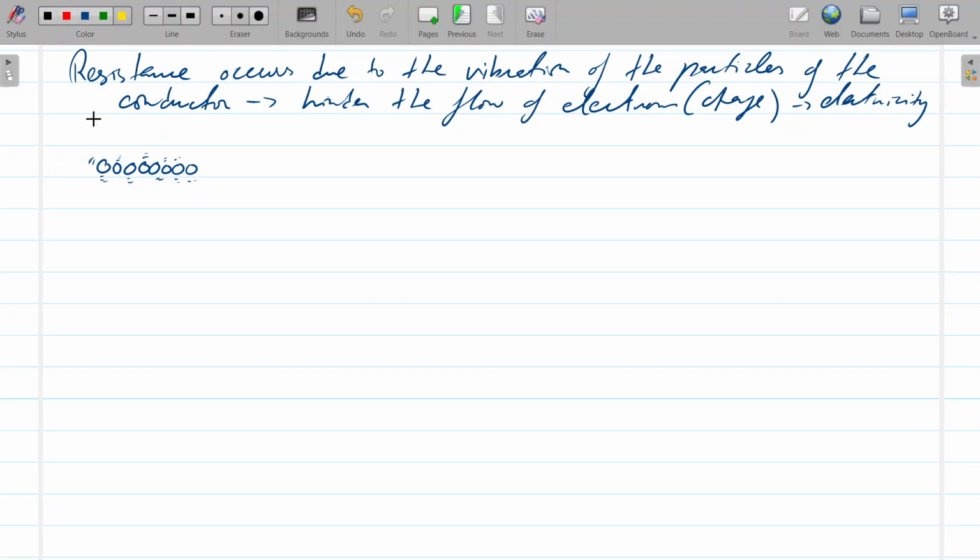And so when you have an electron that's trying to move through these particles and they're vibrating, it's going to collide with the particle and it won't flow as fast as it could, because it's going to bump into the particles that are vibrating. And so that in essence is resistance.